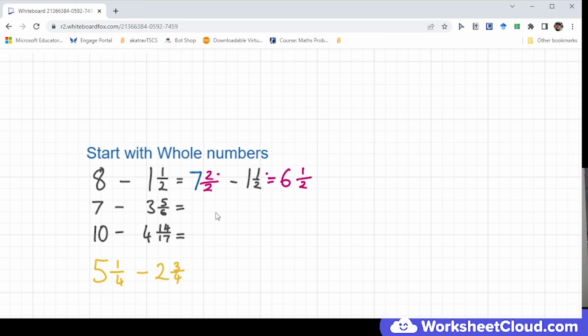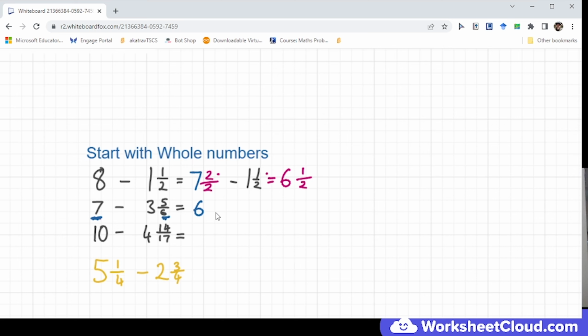All right, so let's look at this one. 7 minus 3 and 5/6. Well, I know that I'm going to have to borrow from my 7. So why don't I go ahead and say, well, I'm looking at sixths. So I'm going to take my 7 and I'm going to keep 6 of them in the whole number, and then I'm going to make one of those 7 into the fraction.